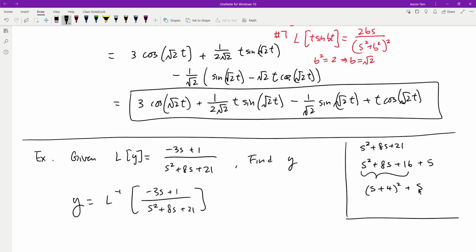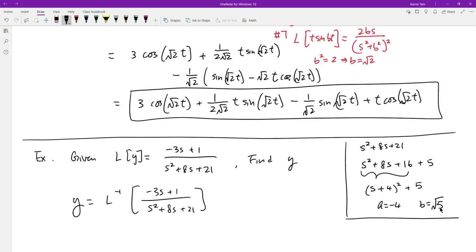And so comparing that to the bottom of number 15, I would now notice that I must have a equal to -4 and b must equal to 5. Oh, actually square root of 5, because it has to be b squared. That's right, it has to be b squared, so square root of 5.